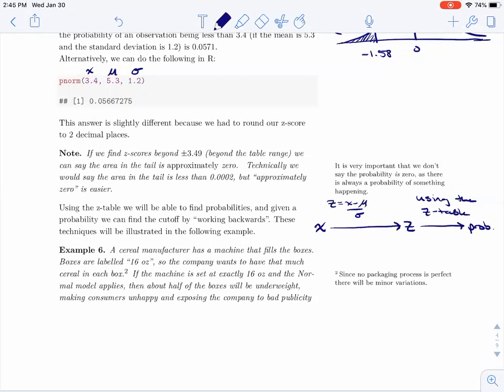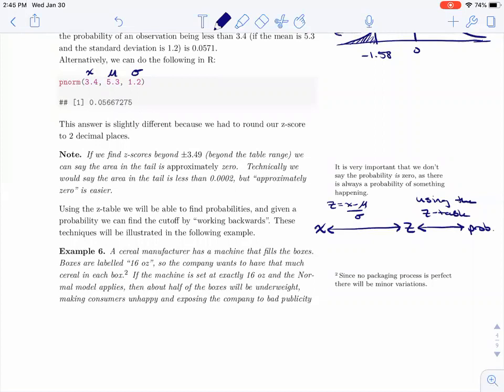I call it working backwards, probably because we start at x and go to a probability, and then now we're working backwards. So it's kind of a two-way street, if you will. But it's always a two-step process. I've seen a lot of the time people want to skip the Z-score, just go straight to the probability, but that's not going to work.